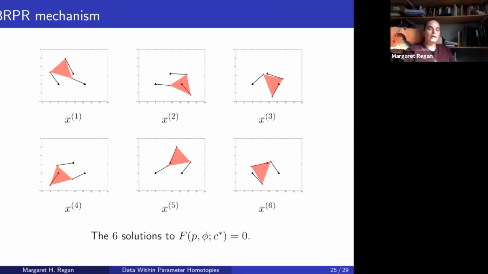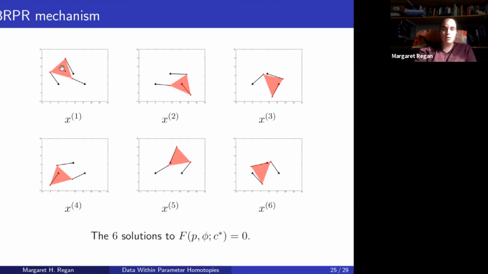But we can see that the orientation of these triangles is different in each one. So we have 6 real solutions at this parameter point. If we take a real path in our real parameter space, can we change from this orientation to this one?